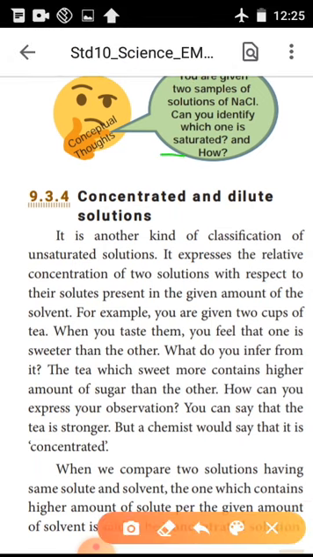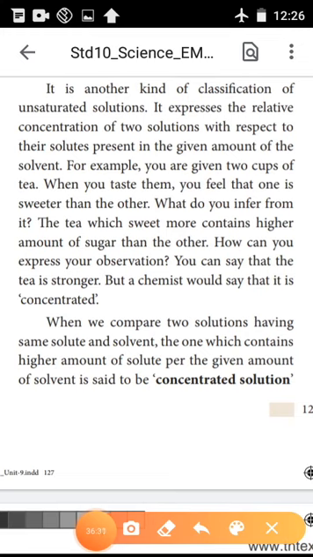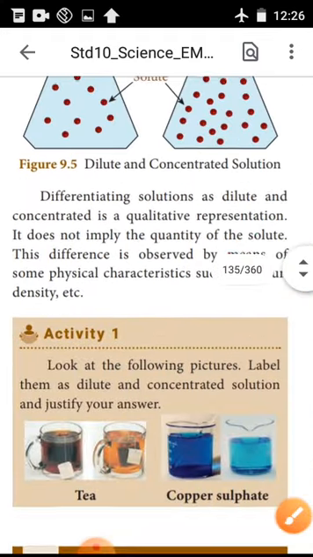What is the meaning of concentrated? Strong. What is the meaning of dilute? Weak. What is a concentrated solution? A solution containing a higher amount of solute is a concentrated solution. If the solution contains a lesser amount of solute in a given solvent, that is a dilute solution.